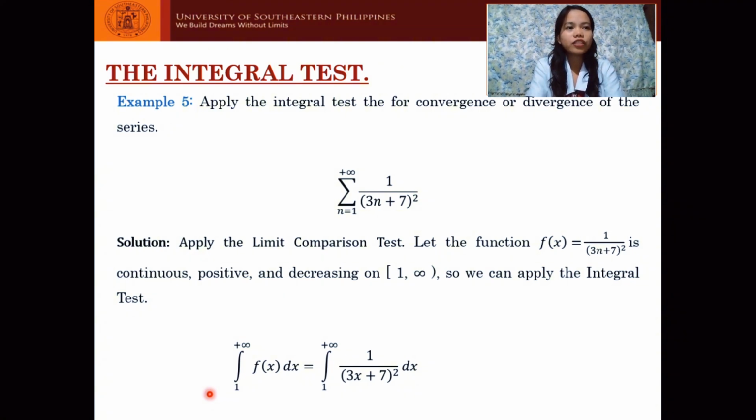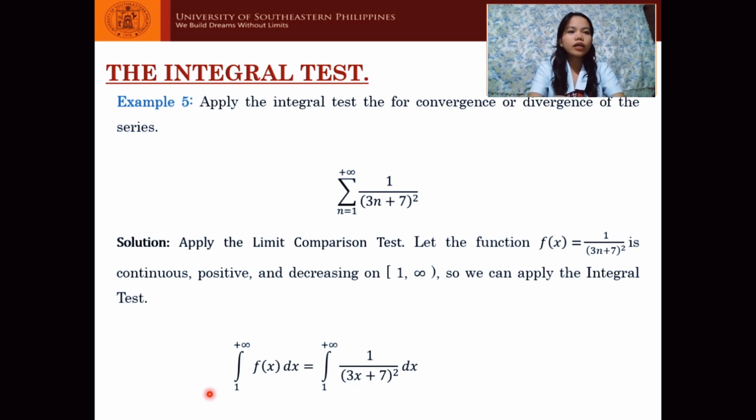Let the function f of x equal 1 over the quantity 3x plus 7 squared, which is continuous, positive, and decreasing on the closed interval from 1 to positive infinity. So we can apply the integral test.